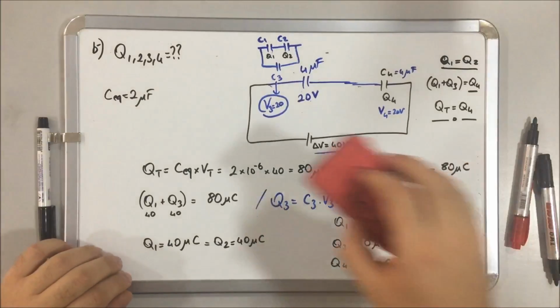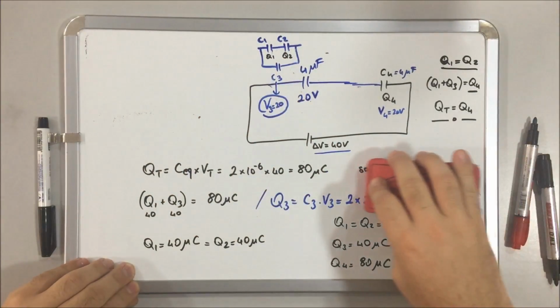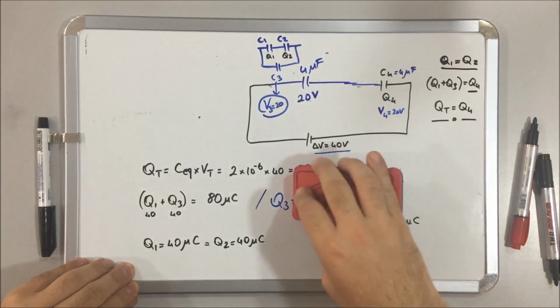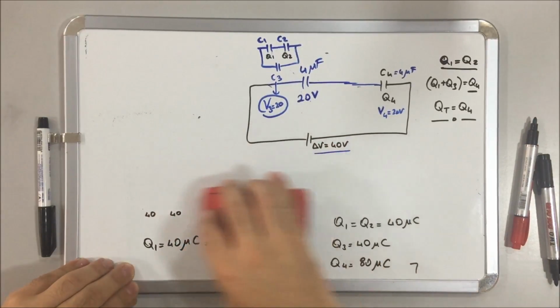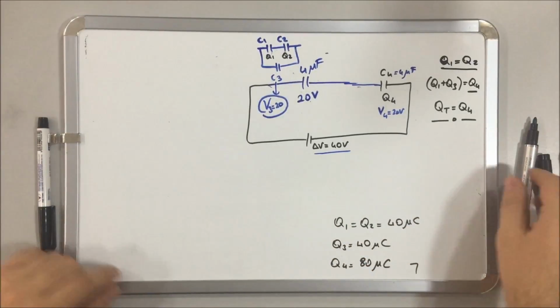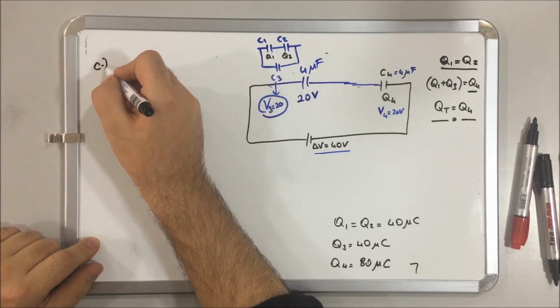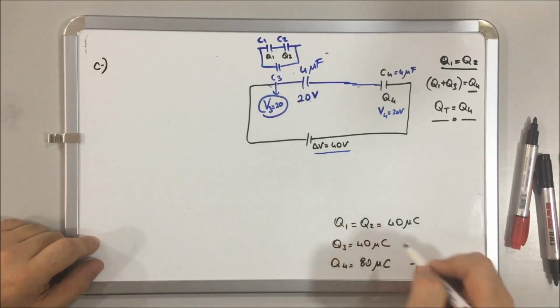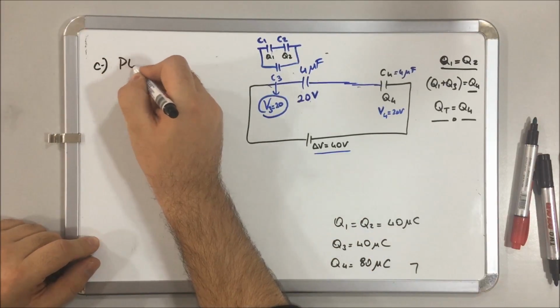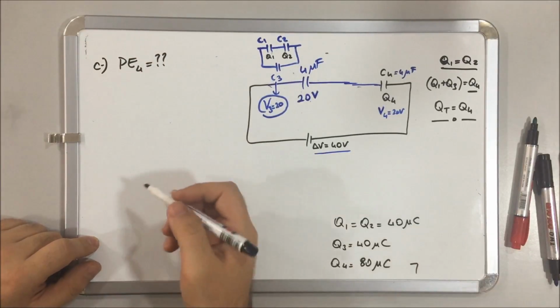Now let's solve the C, and let's keep this because we're going to use this data. The choice of C says to us stored energy in fourth capacitor. So stored energy in fourth capacitor is equals what?